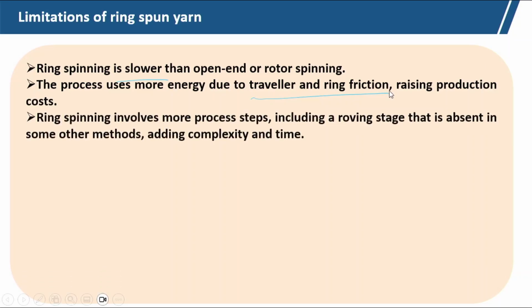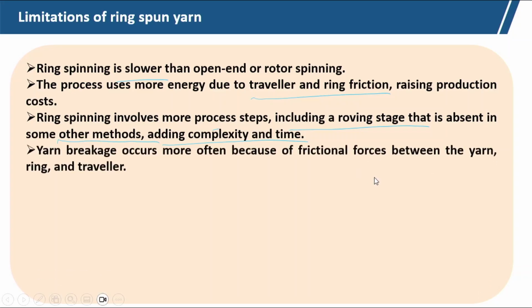So, ring spun yarn is costlier than rotor spun yarn. Ring spinning involves more steps, including the roving stage, which is absent in other methods, adding complexity and time. Productivity is reduced.